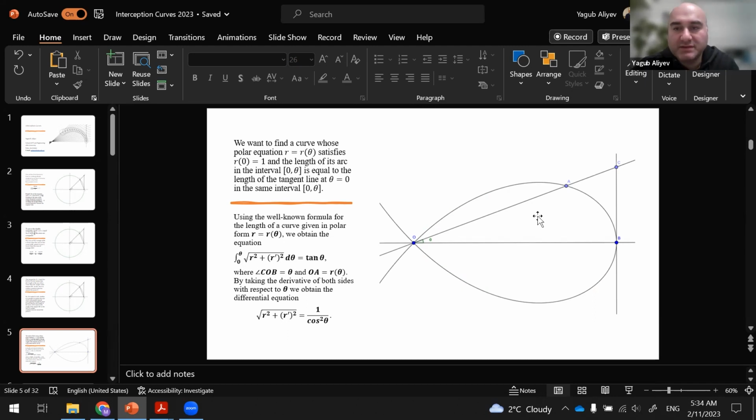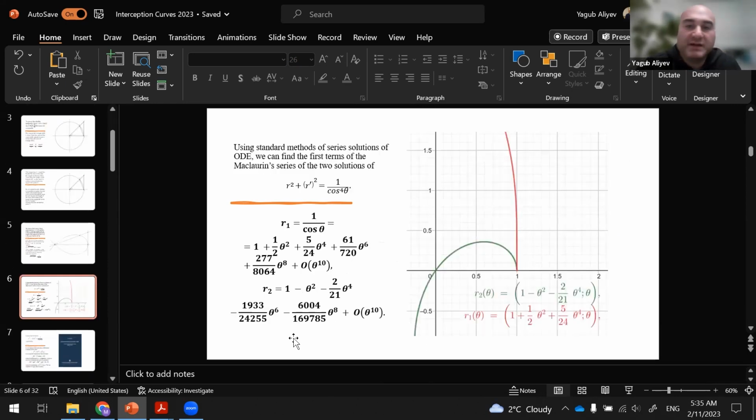Since we want this length to be equal to the length of the tangent part, it should be equal to tangent theta. We obtained an integral equation. If we take the derivative, we easily get this differential equation. Now, this differential equation is nonlinear, so it is not easy to solve.